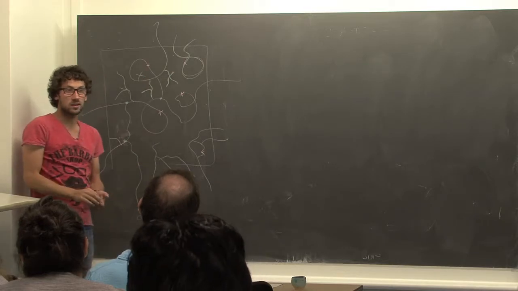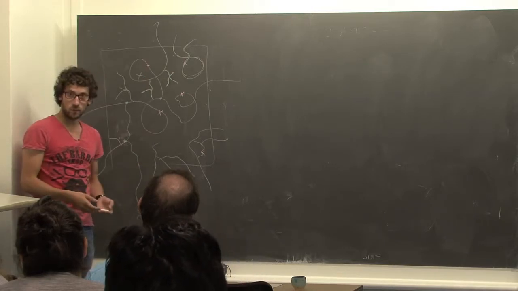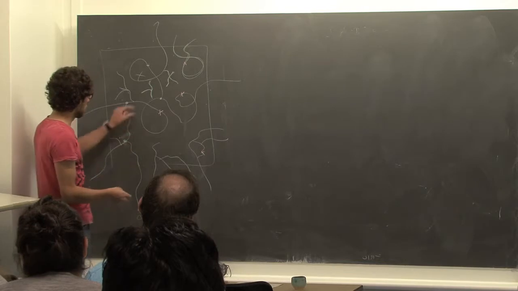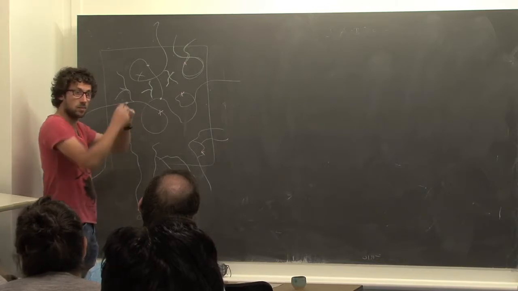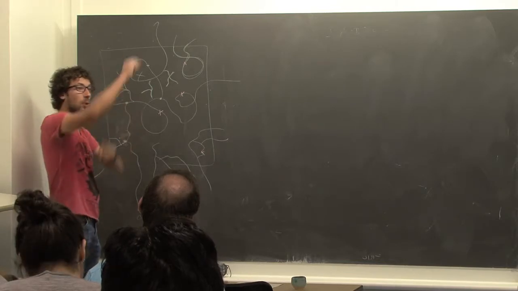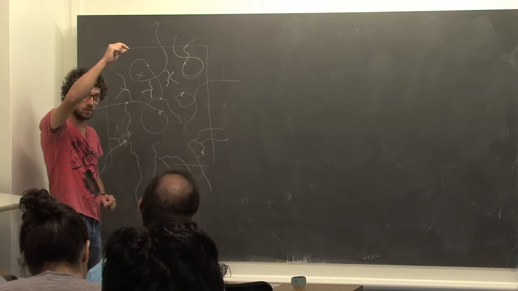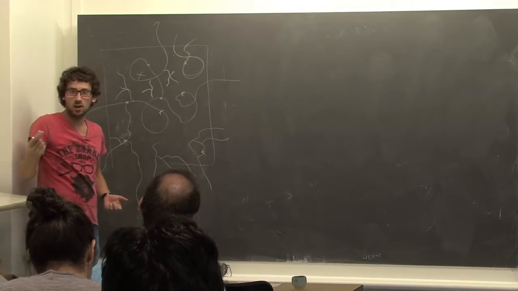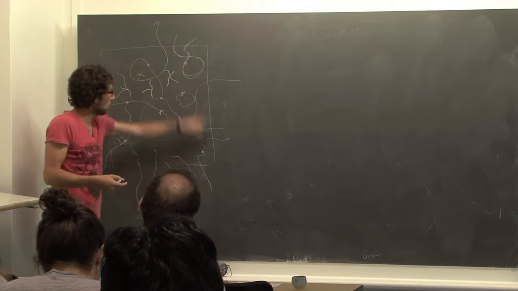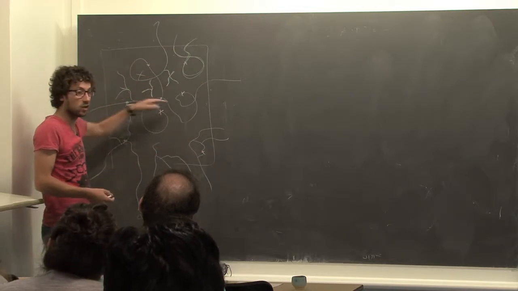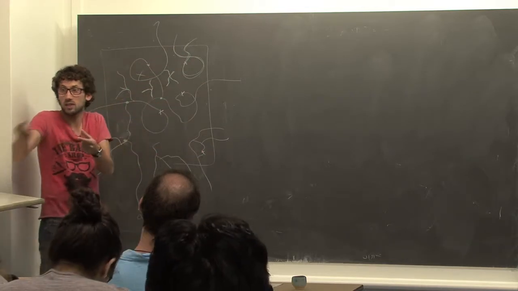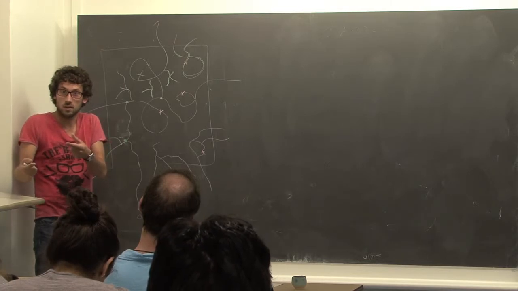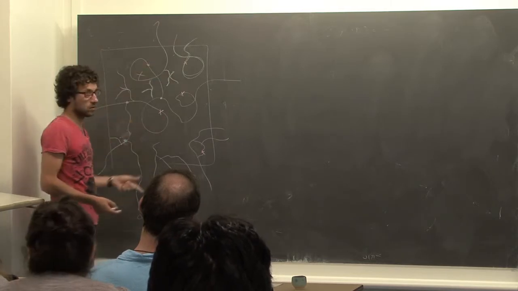What you get at the end is a tree where, if you have an edge, both endpoints are connected to infinity. So the leaves in particular have to be on the boundary. They cannot be inside, because otherwise one of the ends would not be connected to infinity. So all the leaves are on the boundary.